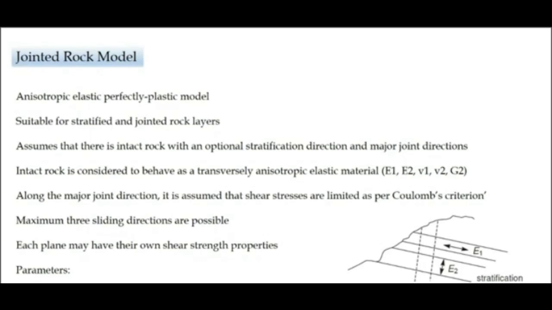This is important, and for most applications in rock mechanics, consideration of 3 sliding planes seems to be quite a good approximation or idealization. One of the features is that in each of the planes, suppose you're using 3 planes, you can specify the strength parameters of each of these 3 planes if you have measured them in the field. Or if you're using some correlations or rock mass classification systems, or if you have some results, you can eventually decide what type of input parameters can be fed for each of the 3 stratification planes.